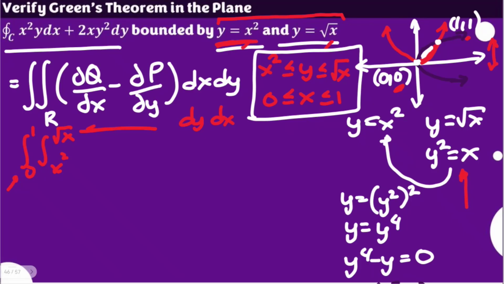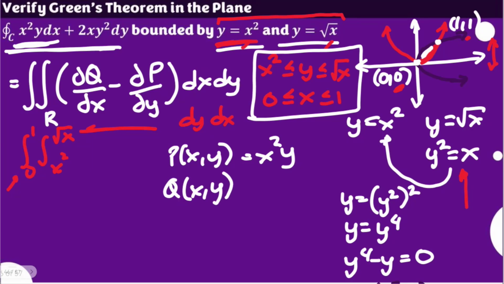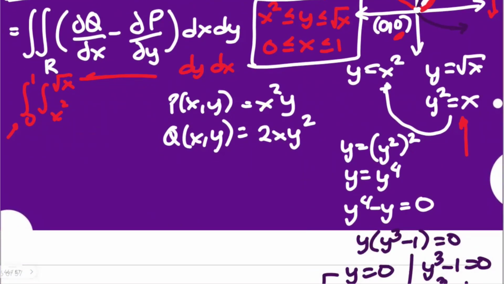So we know that in our given expression here, our p of xy function is the function multiplied to your dx. So that's actually x squared y. And for your q of xy is this function here paired with your dy, 2xy squared. Now, let's solve first the individual partial derivatives with respect to individual variable.